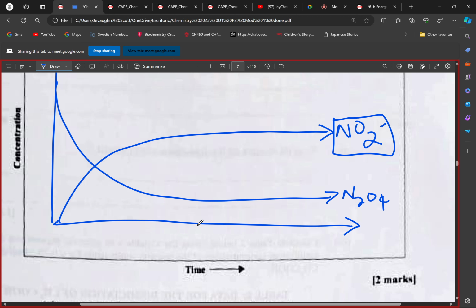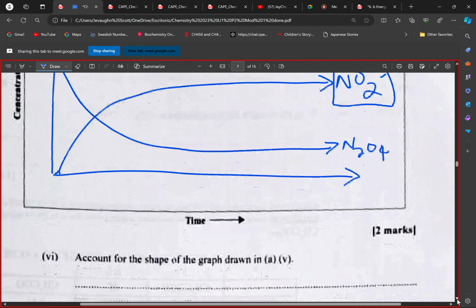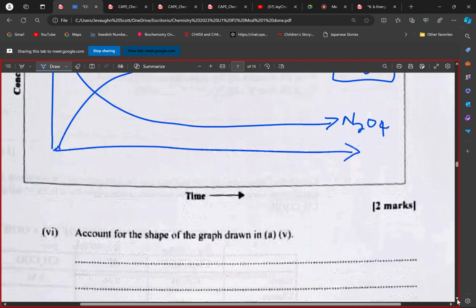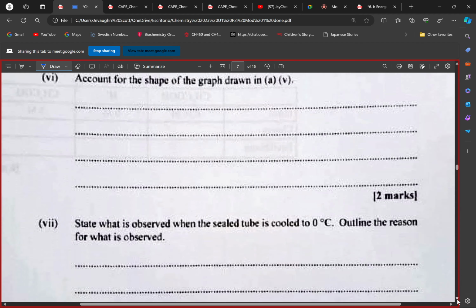That is shown by each curve reaching a plateau, right? Each curve reaching a plateau shows they establish an equilibrium. So hopefully you understand what the graph looks like, because that's what the question is asking, right?